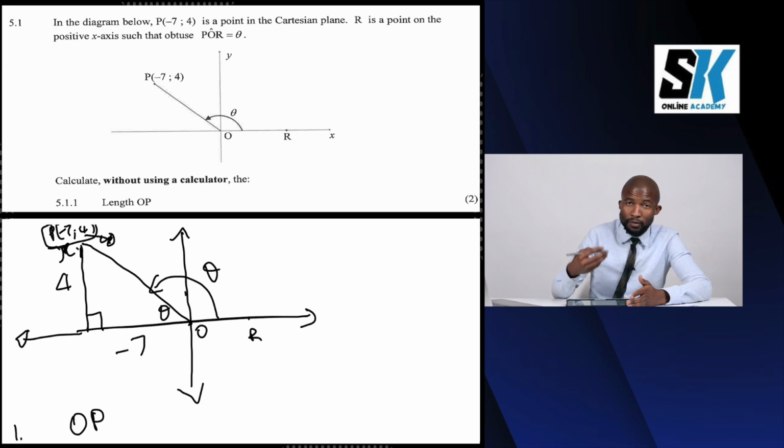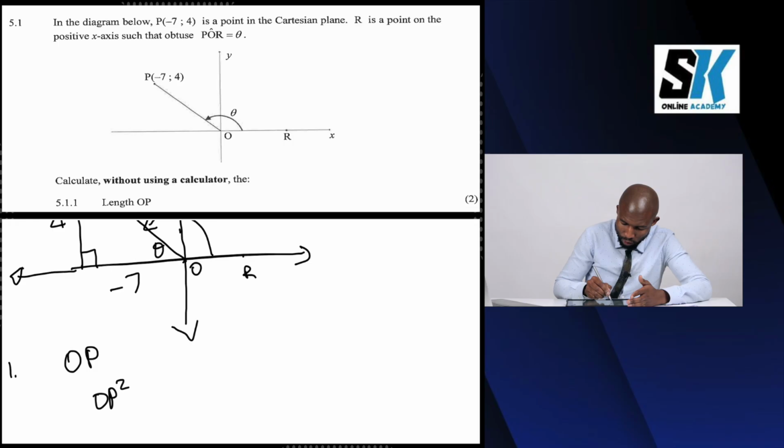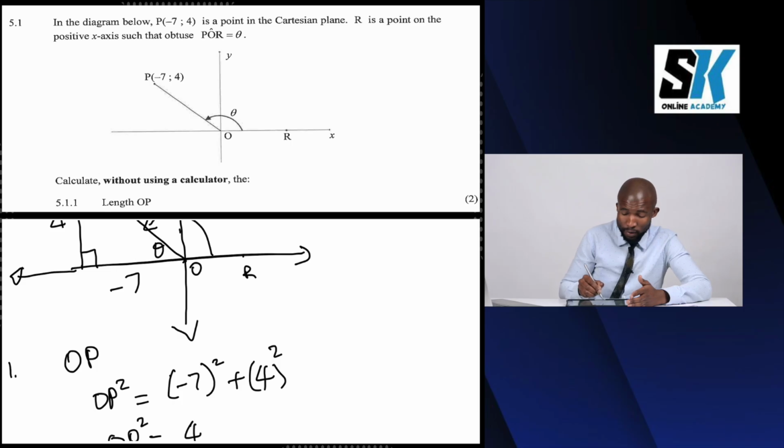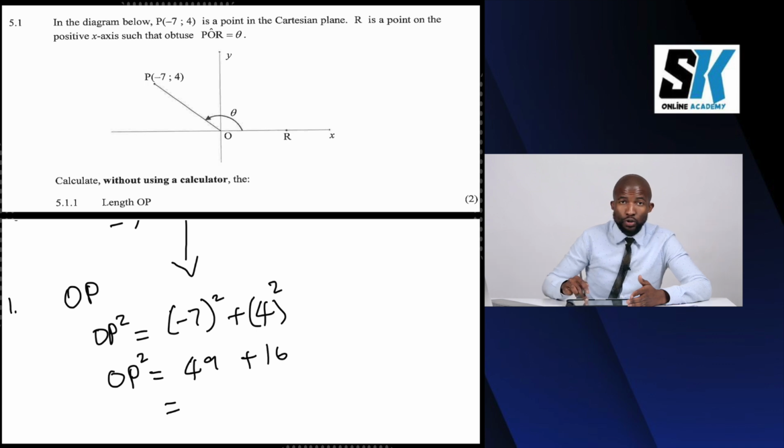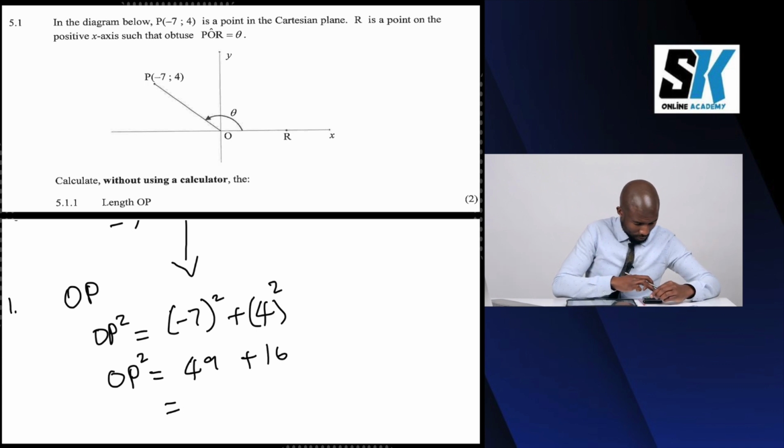OP is that length from there to P. So you can use the theorem of Pythagoras on that right angle triangle. So OP squared, since it's the hypotenuse, is (-7) squared plus 4 squared, so OP squared is 49 plus 16, which is 65.